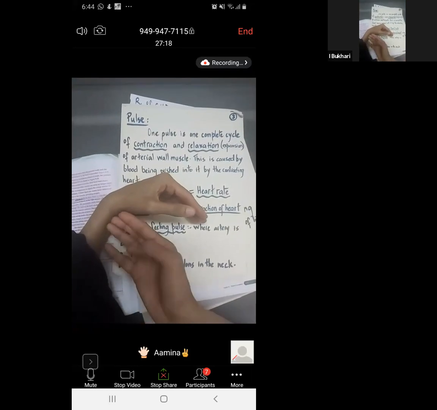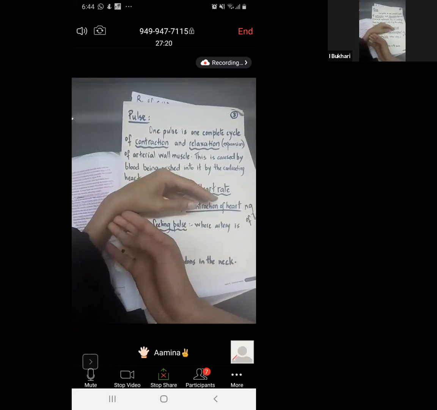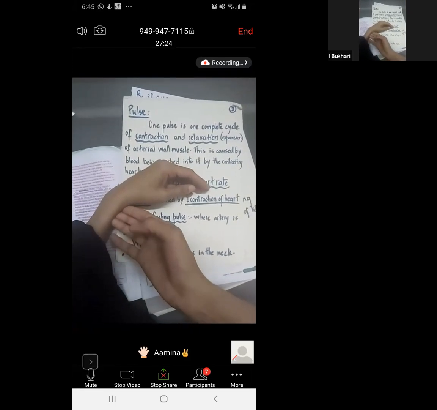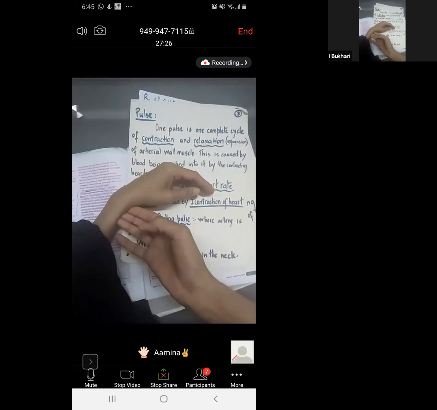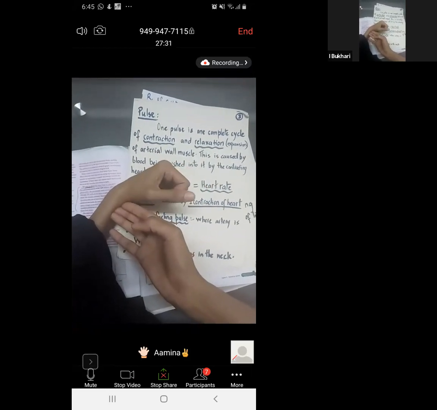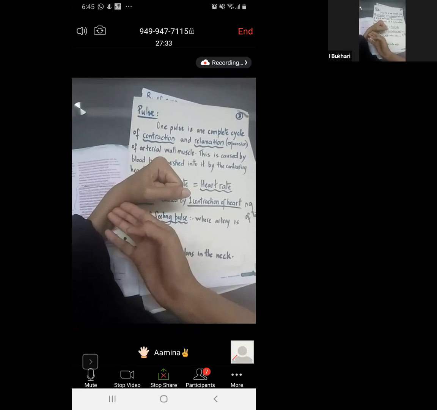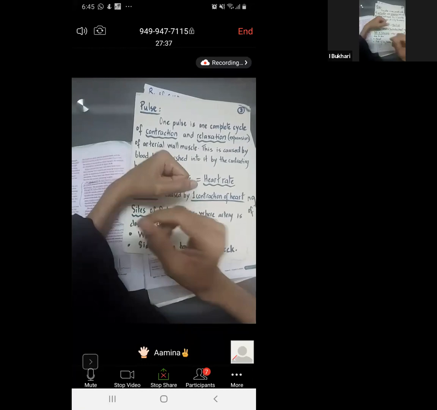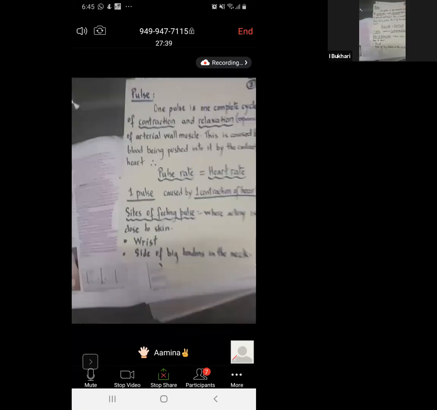If this is relaxed, then it will be easier. Relax, absolutely relax. Then it is easier to feel the pulse. You can do it on your own wrist. And you will also realize that when your hands are contracted or tense, then the feeling of the pulse fades away. You cannot feel. Why? Because the muscles harden. Okay, so that was that.